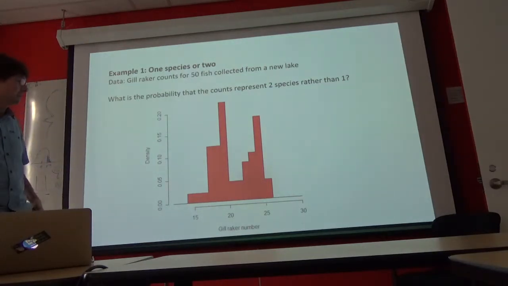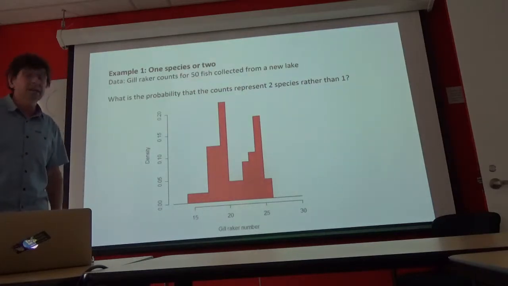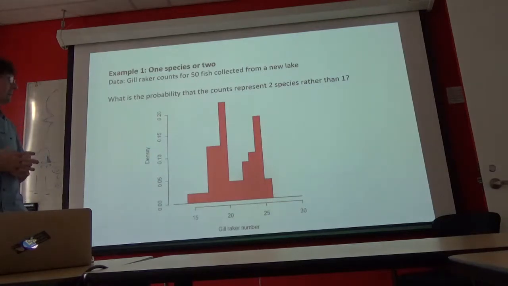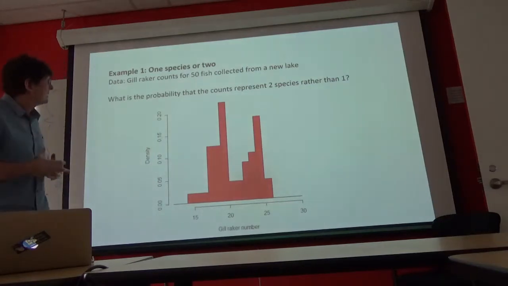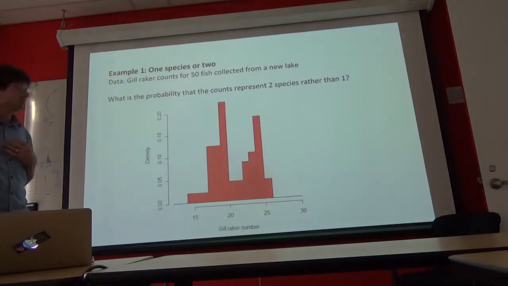And so the question then really becomes how many clusters or how many modes are in this distribution. It's very similar to what you would do with a far more complicated genetic data set if you're running the package called Structure. And so what we would like to know is, are there two species in this lake, or is there only one species in this lake?